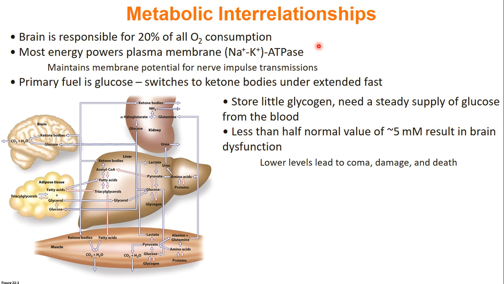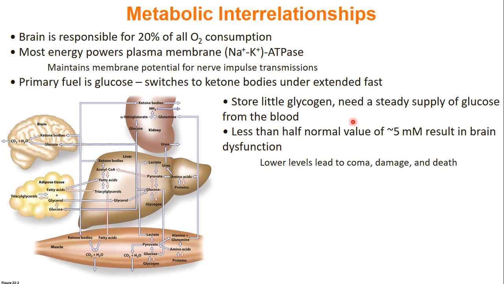The brain takes 20% of all the oxygen that you use in your body. Mainly that energy is used to power sodium-potassium ATPase pumps. This allows an electrochemical membrane potential that allows nerve impulse transmission. The brain generally needs glucose, but if you are in an extended fast, you can switch to ketone bodies.